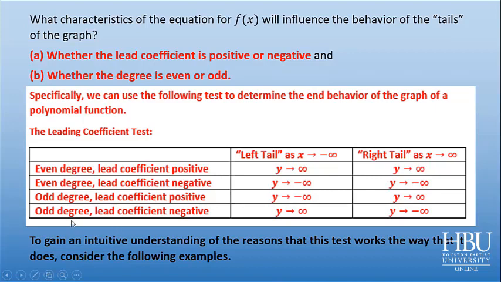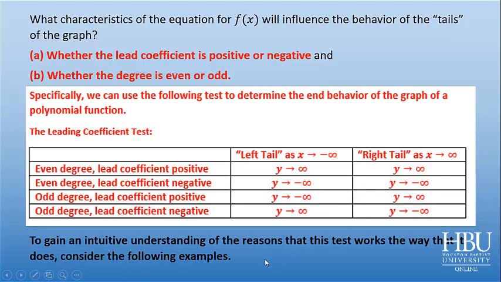If the polynomial has an odd degree and its lead coefficient is negative, then on the left, as x approaches negative infinity, y will approach positive infinity. And on the right, as x approaches positive infinity, y will be approaching negative infinity. If you notice, when there is an even degree, either both the tails are going up or both are going down. If the polynomial has an odd degree, the tails are going in opposite directions.